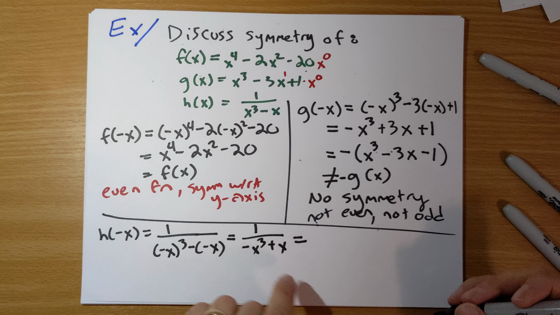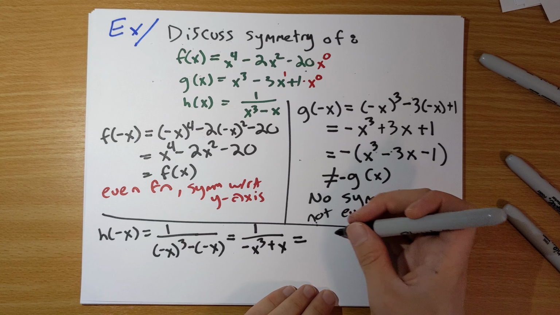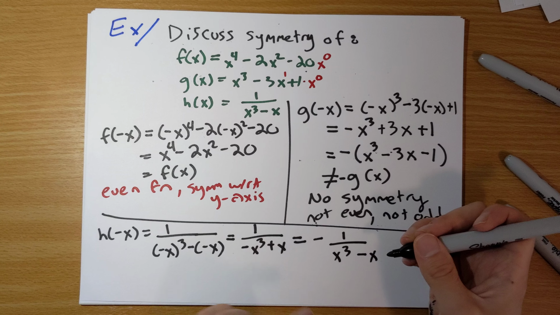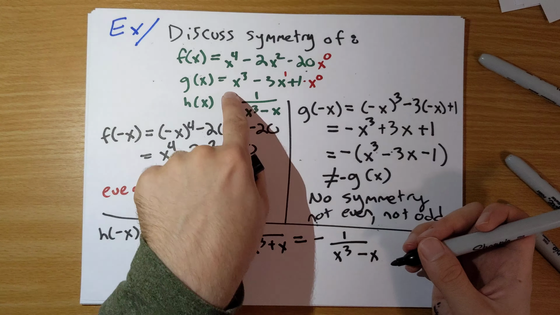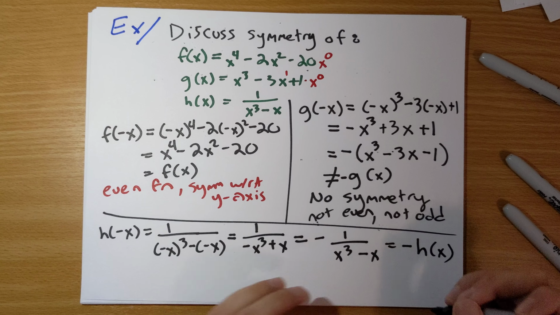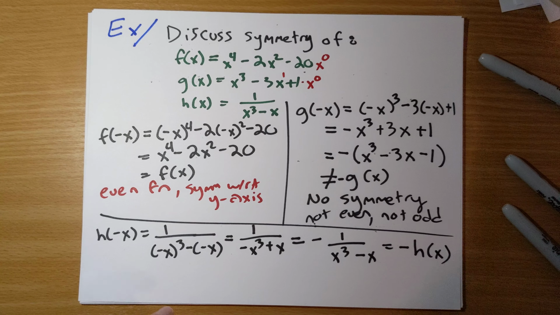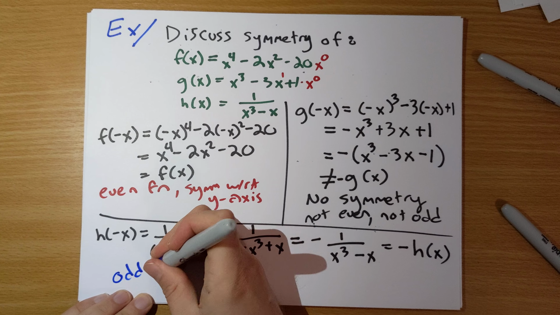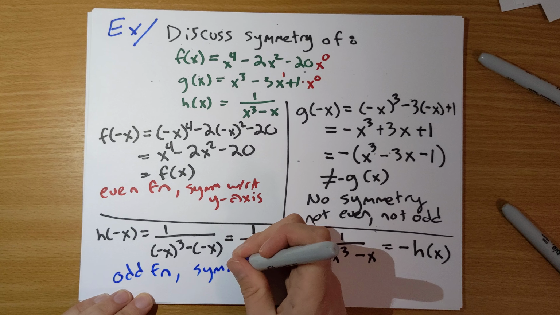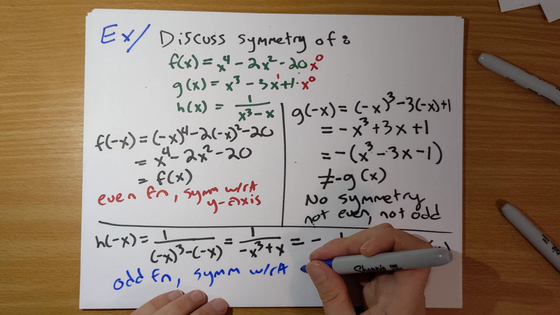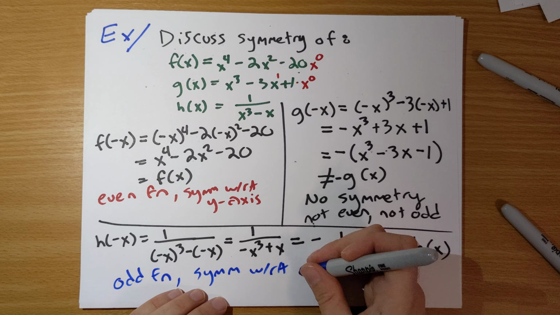We can factor out a negative sign from the denominator to write this as negative 1 over x cubed minus x, and realize this is the negative of h of x. So because h of negative x is equal to negative h of x, this is an odd function, and it's symmetric with respect to the x-axis. Or sorry, not the x-axis, the origin.